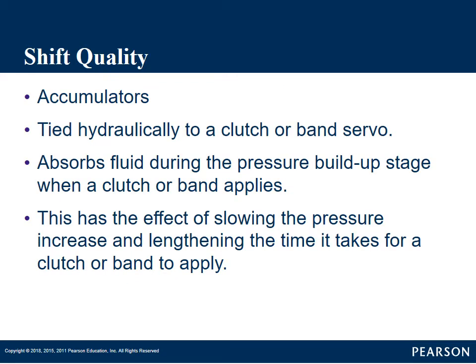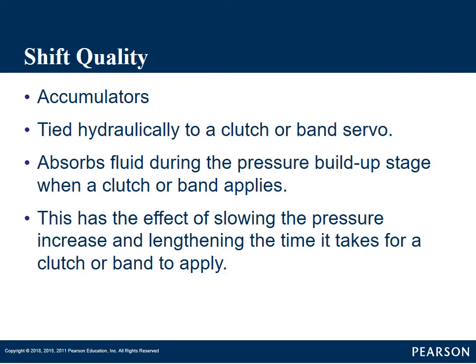Another way they use to control shift quality and these shift modifiers is through what we call accumulators. These accumulators are tied hydraulically to a clutch or band servo. In other words, they help control the hydraulic pressure applied to a clutch pack or a band. It absorbs the fluid during the pressure buildup stage.